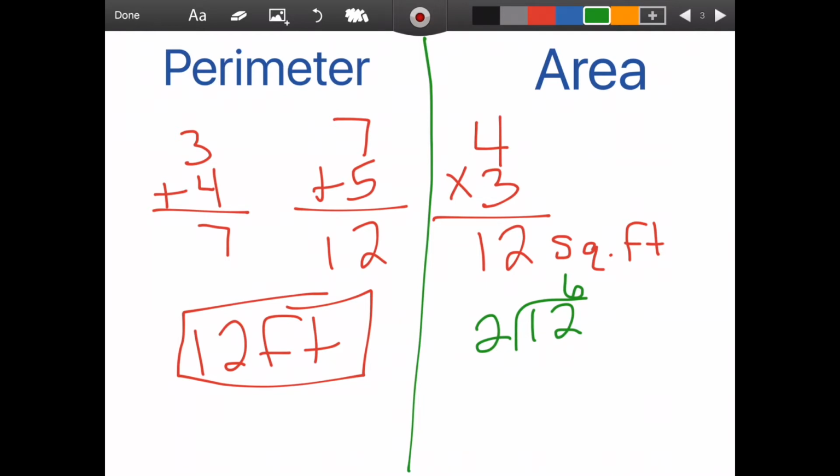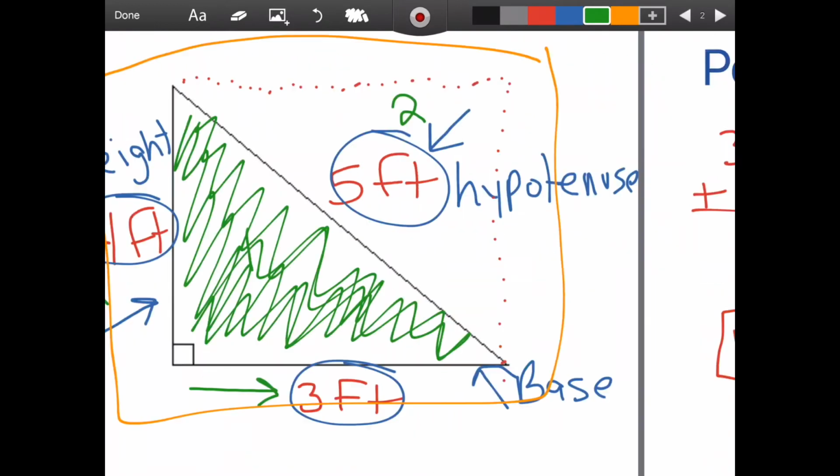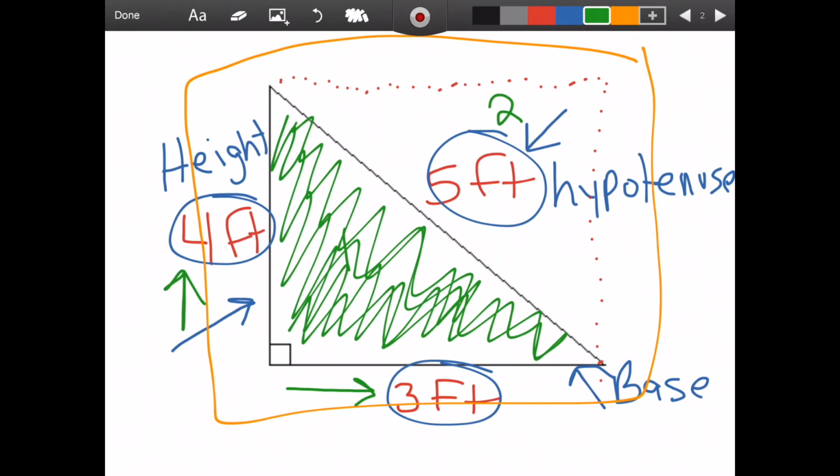So the area of the triangle is going to be 6 square feet, which is exactly half of the area of the rectangle. So a really easy way then to find the area of a right triangle is to just take the base and the height of the triangle, multiply them together, and divide that by 2.